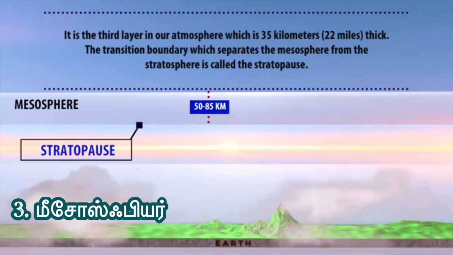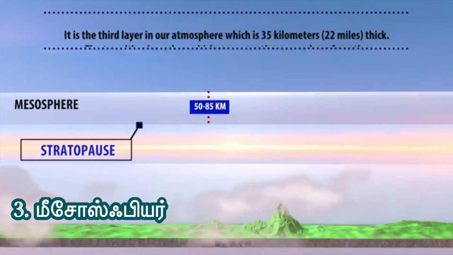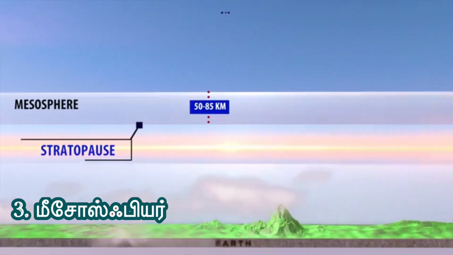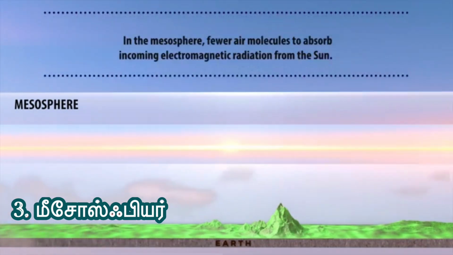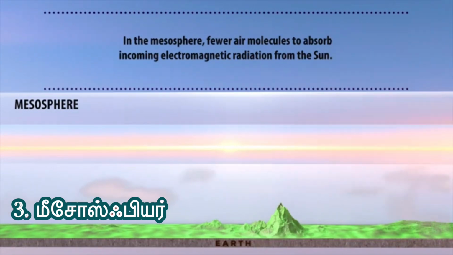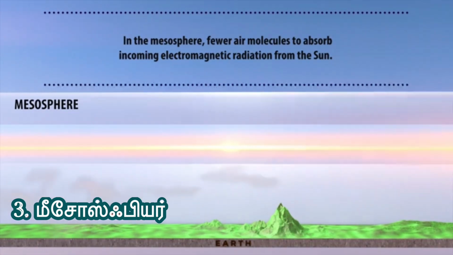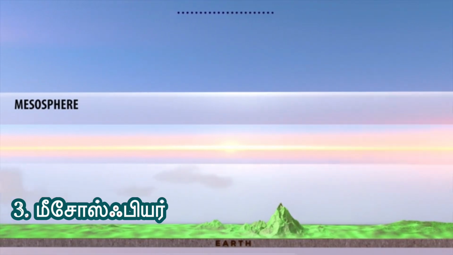The region between the mesosphere and the stratosphere is called the stratopause, and the mesosphere layer extends almost 85 kilometers from the Earth's ocean level. The molecules in the mesosphere absorb a lot of electromagnetic radiation from the sun. The sun is a source of energy.